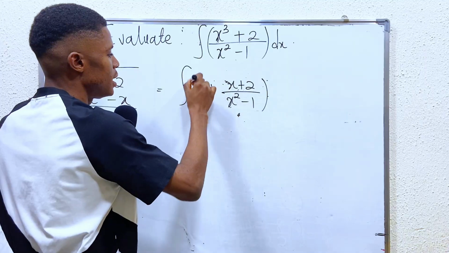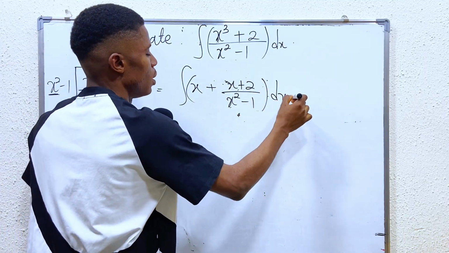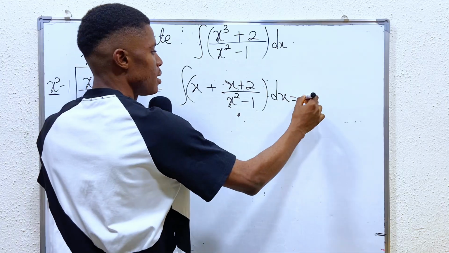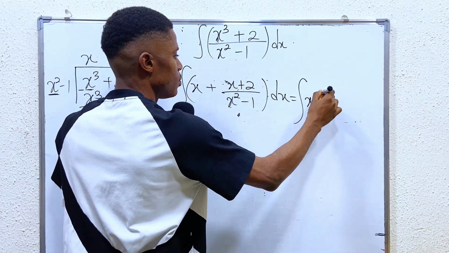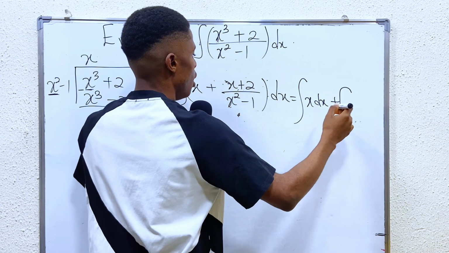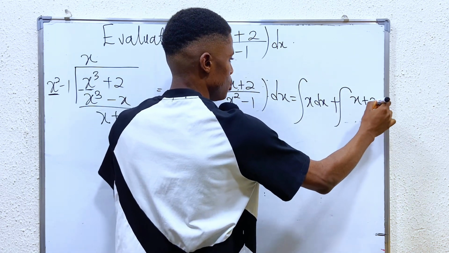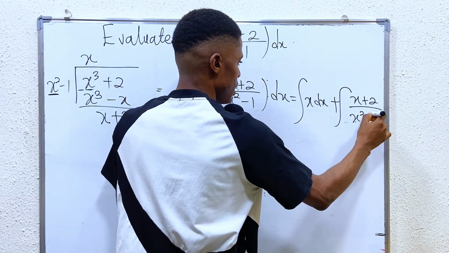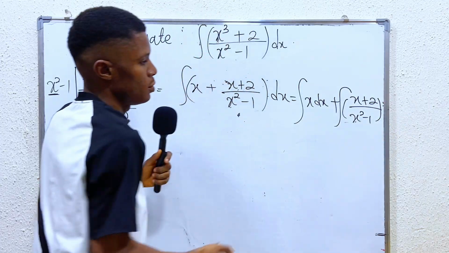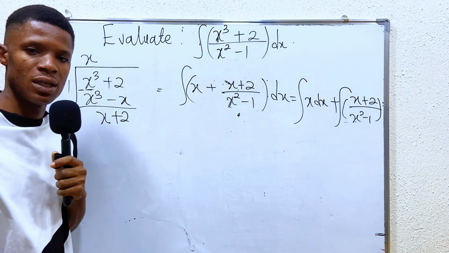So we are doing the integral with respect to what? x. So here we can now split it to be the same as the integral of x with respect to x plus the integral of x plus 2 divided by x squared minus 1, with respect to x. Remember, we have the respect to x.